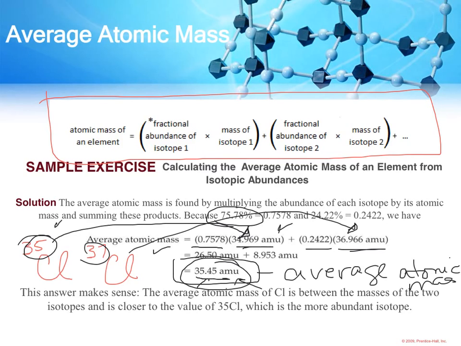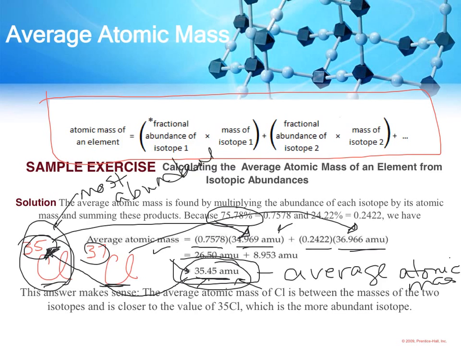The average atomic mass that you see in the periodic table at the bottom of each element symbol will be closer in value to the mass of the isotope that is most common or most abundant. So what you can tell by looking at the average atomic mass of chlorine is that of the two isotopes of chlorine, the isotope chlorine 35 is the most abundant because the average atomic mass is closest to 35. That's just kind of an important, useful little tidbit to have.